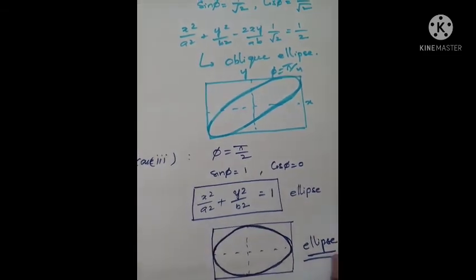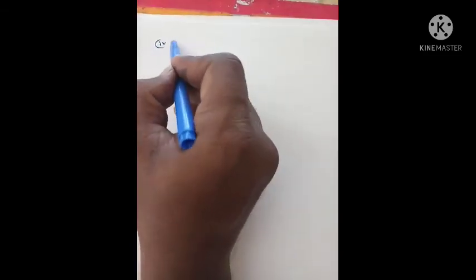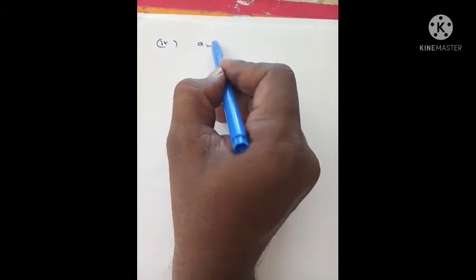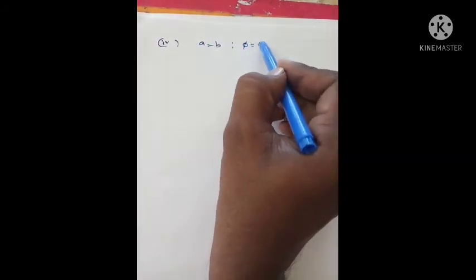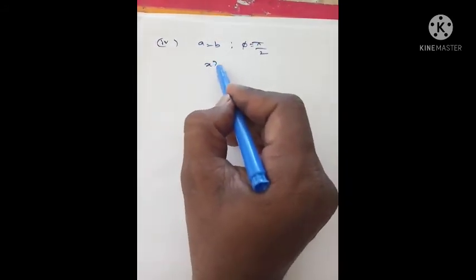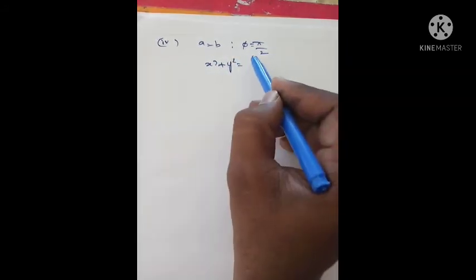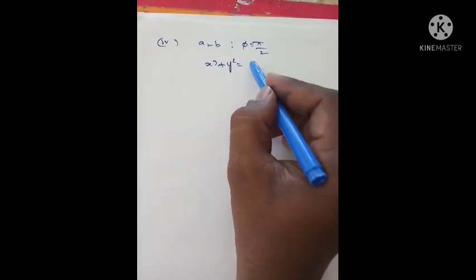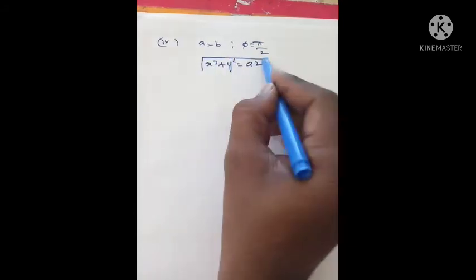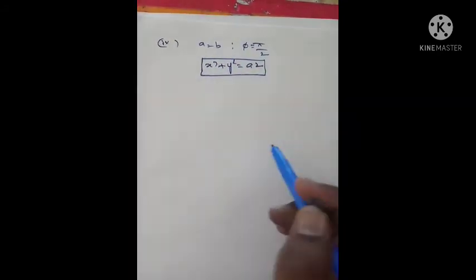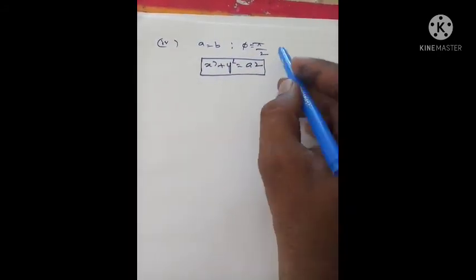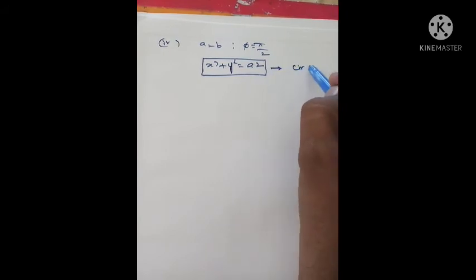In case 4, if you take a equal to b and phi equal to pi by 2, we get only x square plus y square equal to a square. This equation represents the equation of a circle.